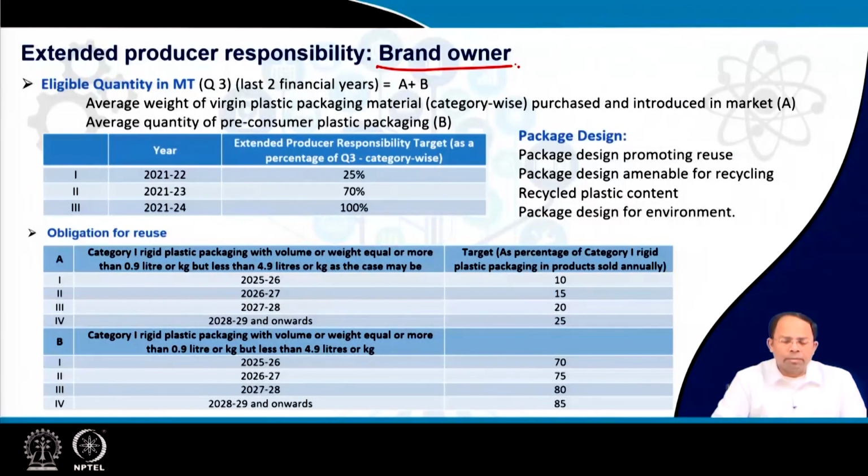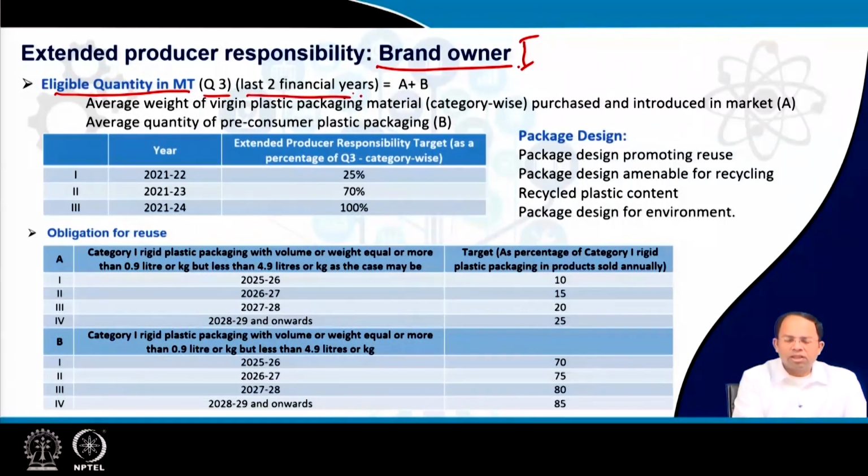What are the guidelines for them? Similar guidelines are there for the importers as well as the producers. Now, first of all, what percentage of material or plastic will we consider for this category of plastic producers or users? The eligible quantity in metric tons, in million tons, is Q3.